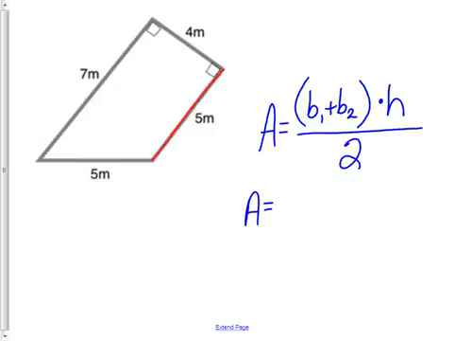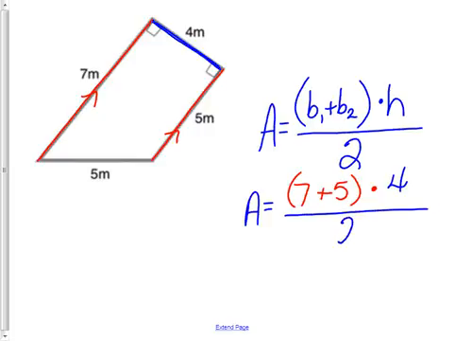It's the 5-meter side here and the 7-meter side here, because those are parallel to one another. So I'm going to do 7 plus 5, and it doesn't matter which one I call base 1 and which one I call base 2. And then times the height. The height has to intersect those at a right angle. So here is going to be my height. So I'm going to do times 4 and then divide by 2.